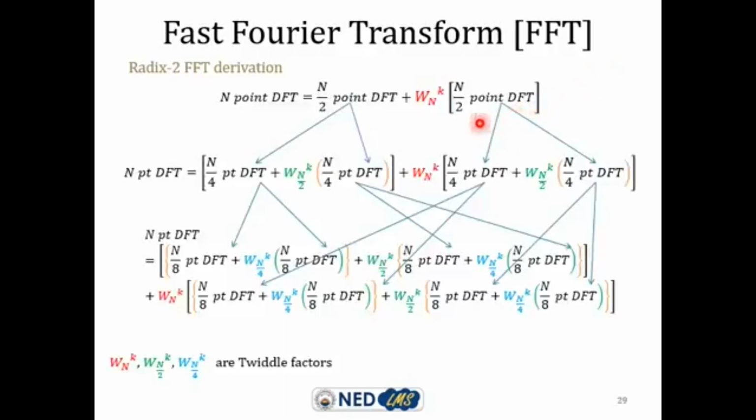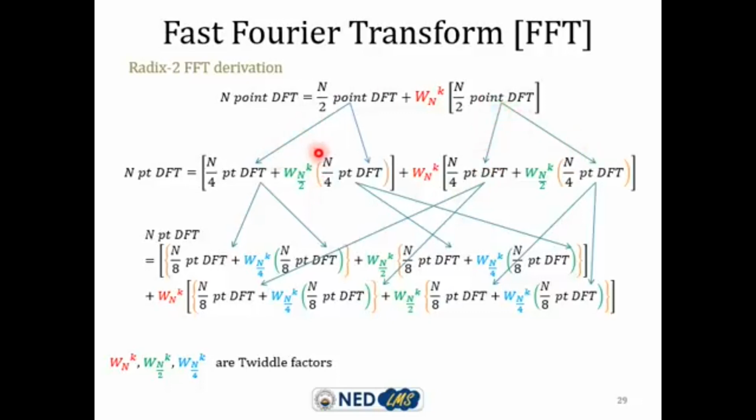Now we can apply the same idea of decimation and reconstruction for the later stages. Each of these N by 2 point DFTs can be calculated with the help of two N by 4 point DFTs, where the first N by 4 point DFT will appear as it is, while the second N by 4 point DFT outputs will be multiplied with W_{N/2}^k twiddle factors. And the same is the case for this other N by 2 point DFT.